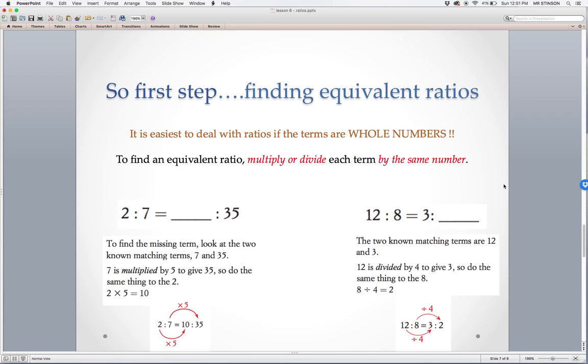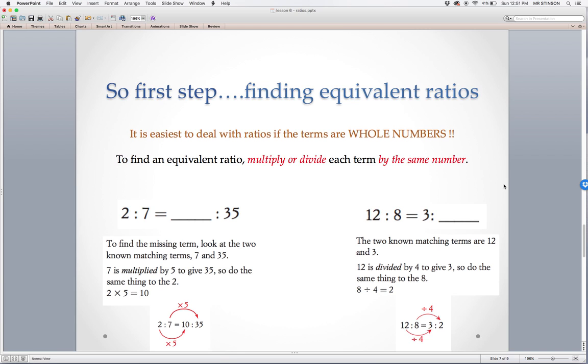Now let's look at the example on the right. We need to find an equivalent ratio for 12 to 8, an equivalent ratio where the first term is now 3. So firstly, look at the two known matching terms, 12 and 3. They are matching because they are in the same position on the ratio.